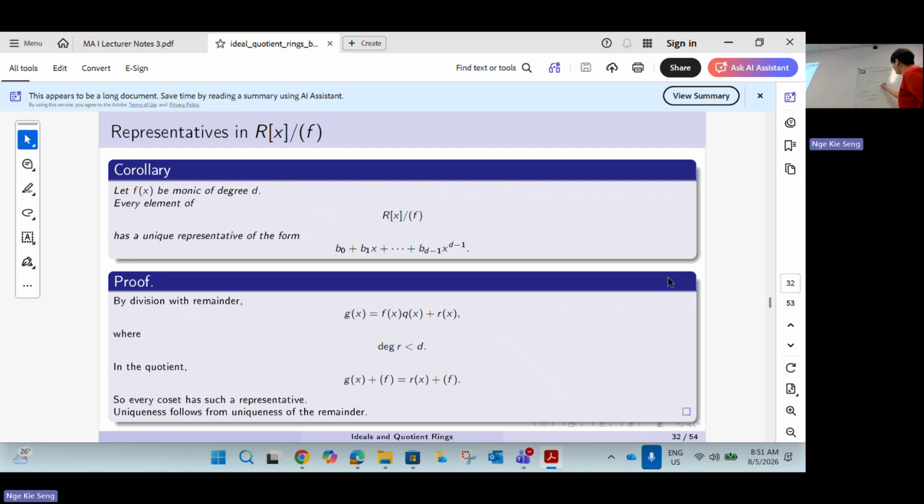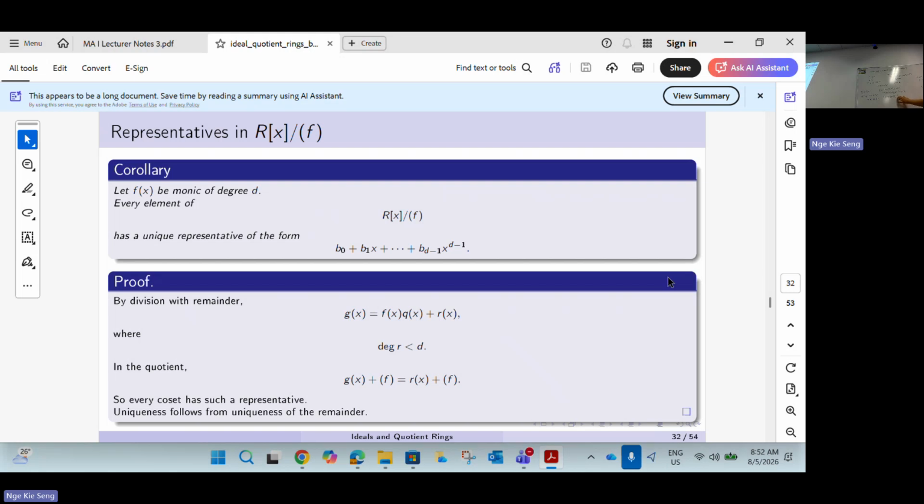I think, like, if f is x squared plus 1, we can further factorize, and then the inside here is minus 3.